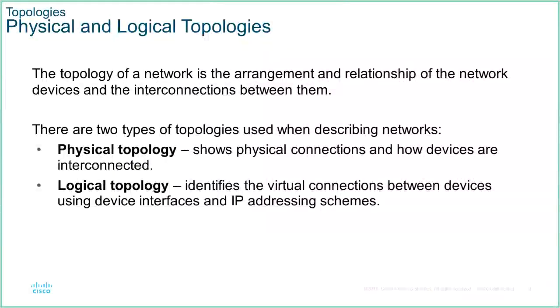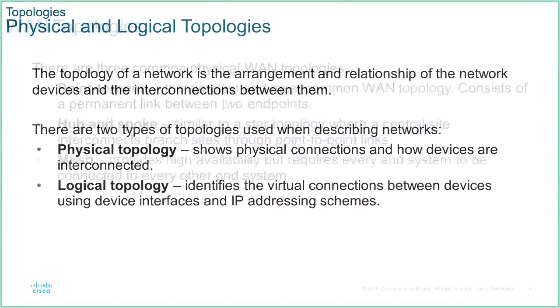So they won't show every single physical step to get you between the two devices. It'll just say device A goes through the cloud and comes out at device B. Now, there could be hundreds of devices between A and B, but we don't need to know them because as far as the logical steps are concerned, it exits the interface on A and enters on B. So that's the difference between physical and logical topologies.